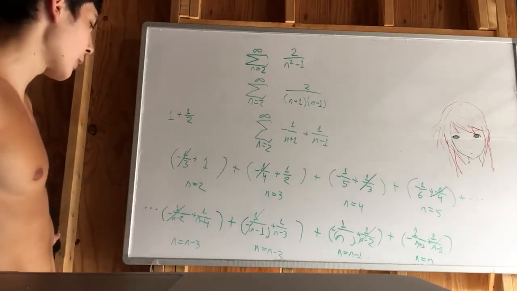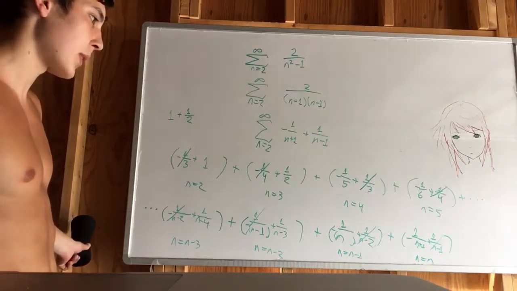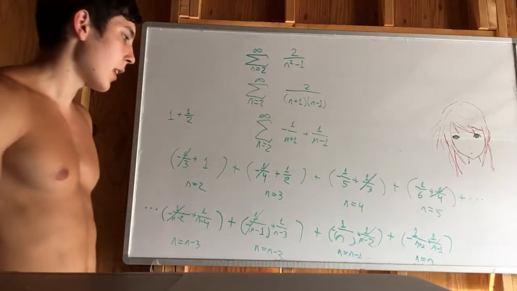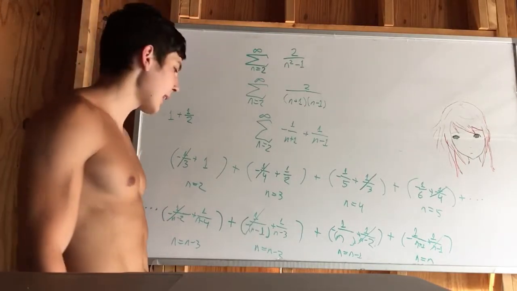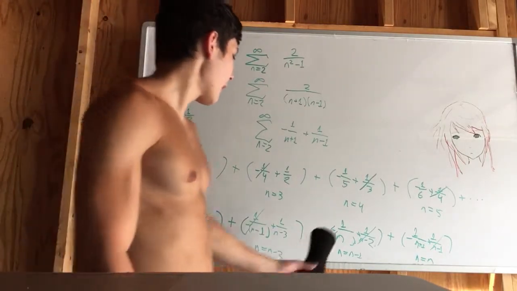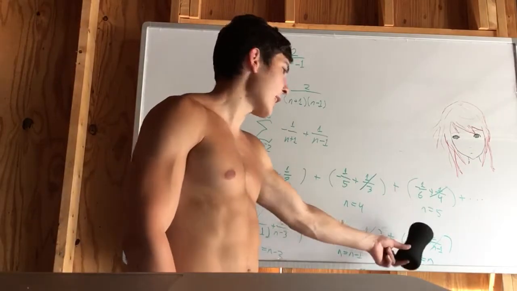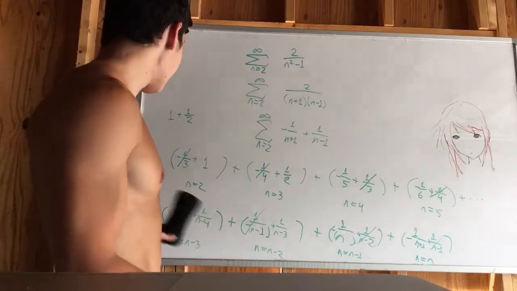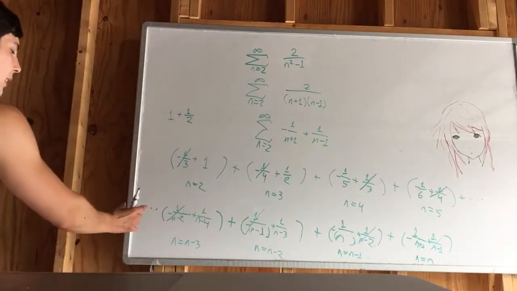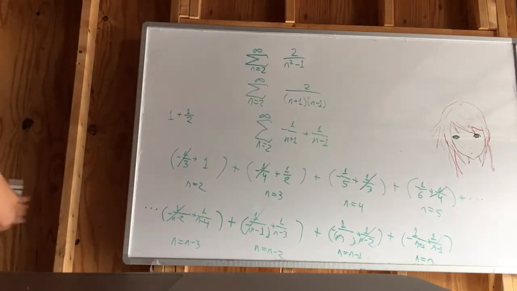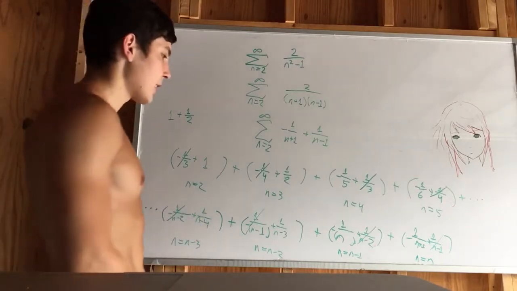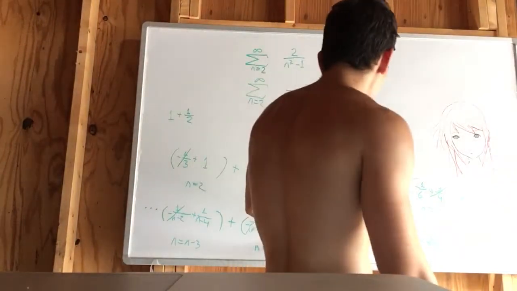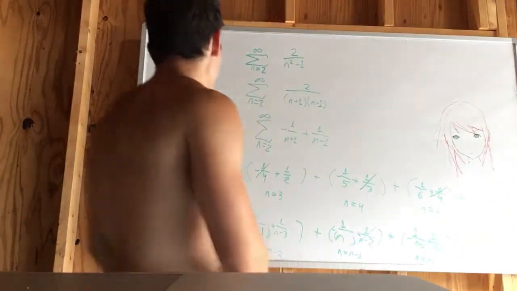This one would also cancel with the previous one. So the only ones that seem to have escaped cancellation completely are this one and this one. Because how could they be canceled? You're not going to find the opposite of them way back in these terms back here. That's just not going to happen. So the way I see it, this one here survives and this one survives.